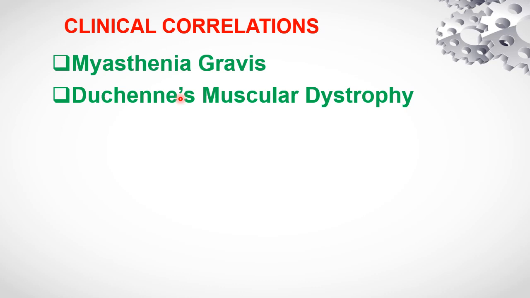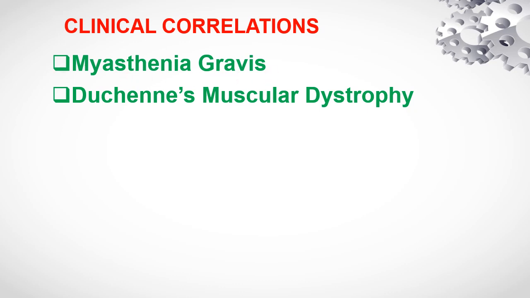These antibodies will go and destroy the acetylcholine receptors where acetylcholine is supposed to bind. When that happens, there won't be contraction of the muscle, thus leading to muscle weakness and fatigue. That is what happens in myasthenia gravis in simple terms.